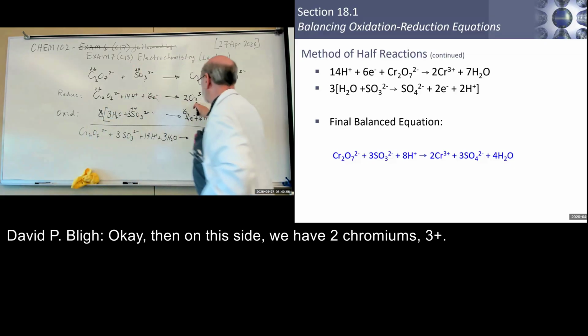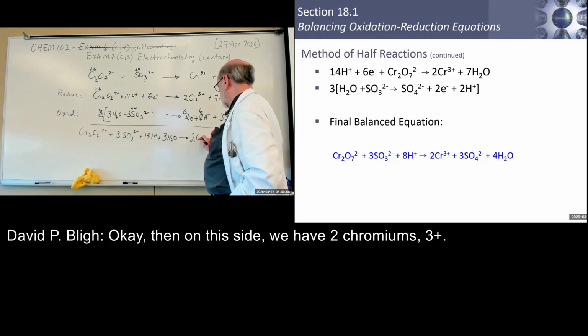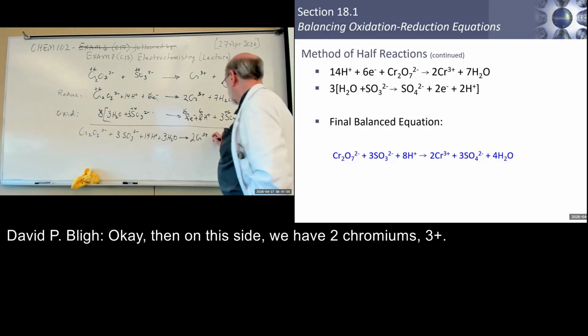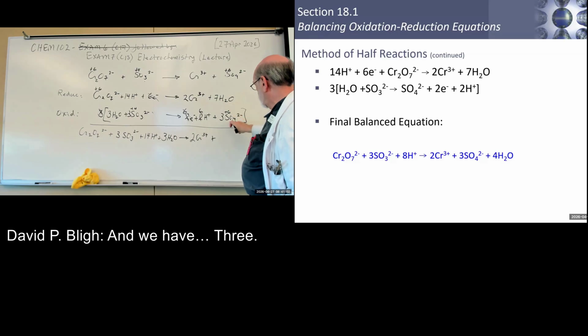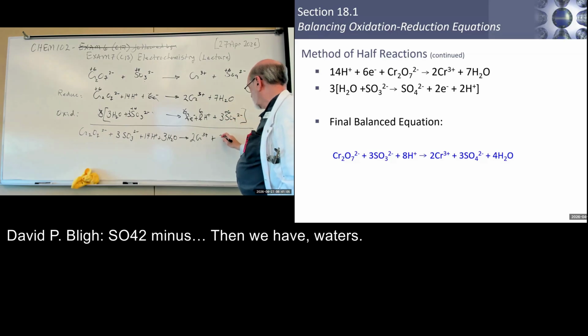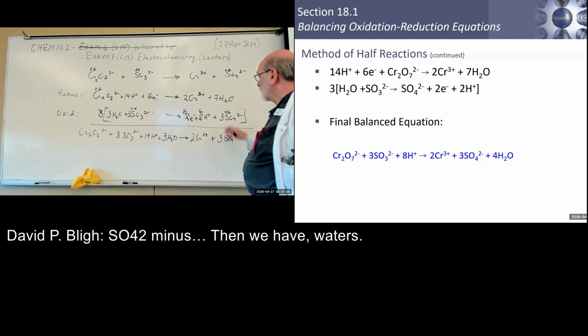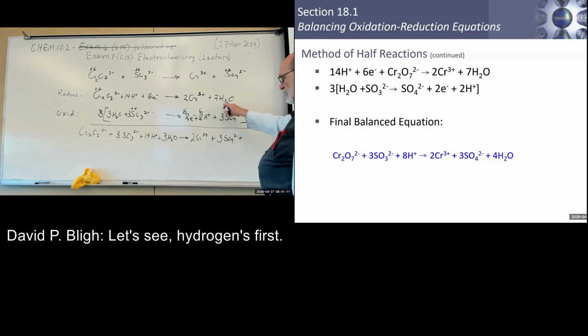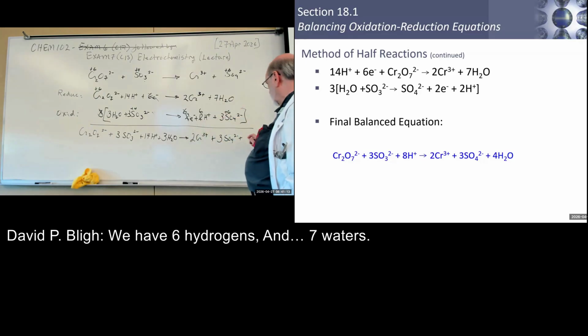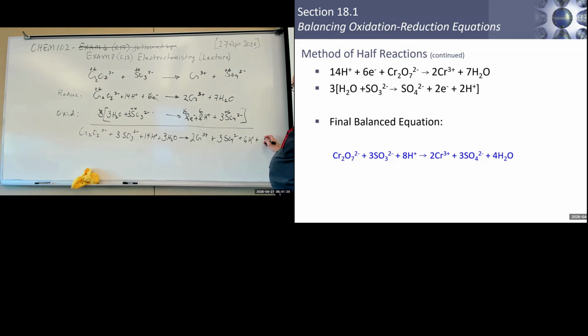Okay, then on this side we have 2 chromiums, 3 plus, and we have 3 SO4 2 minus. Then we have waters. Let's see, hydrogens first. We have 6 hydrogens and 7 waters.